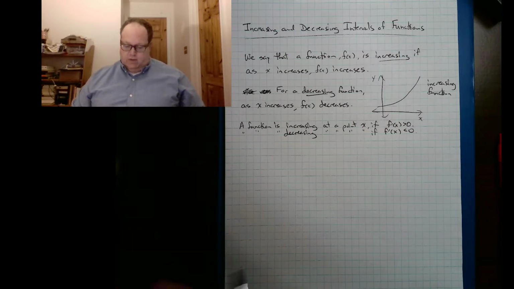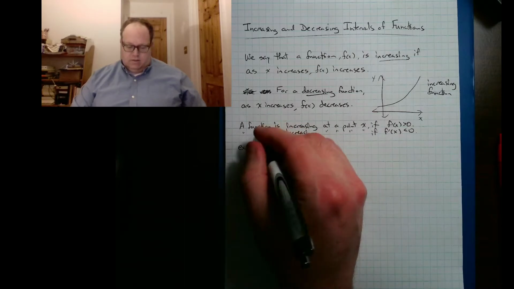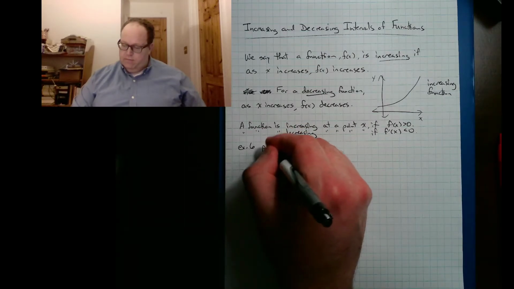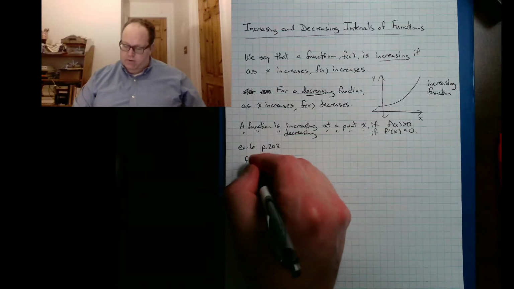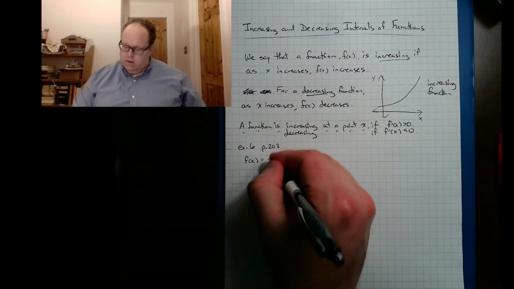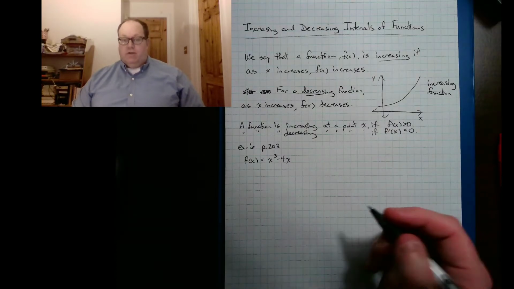And I'll just jump right into an example discussing this. This is example 6 on page 203, where we are given the cubic function x cubed minus 4x, and we're asked where it is increasing and where it's decreasing.